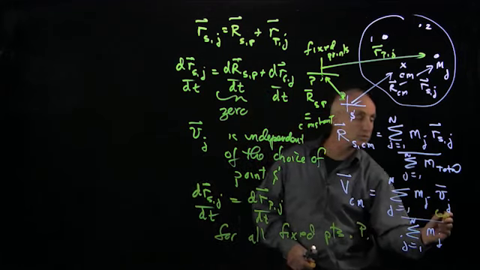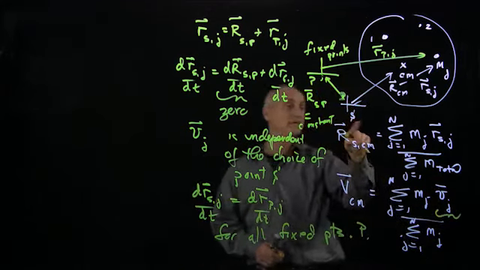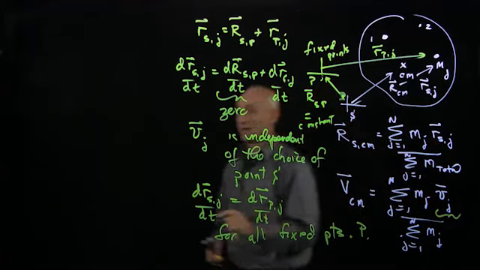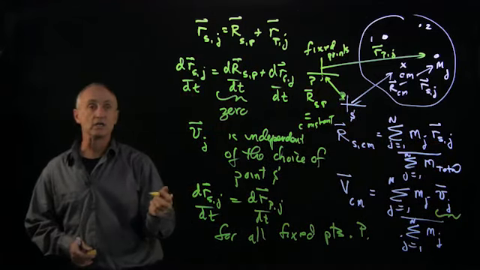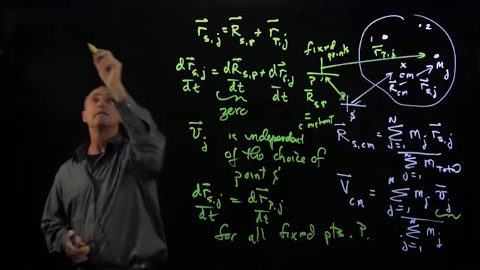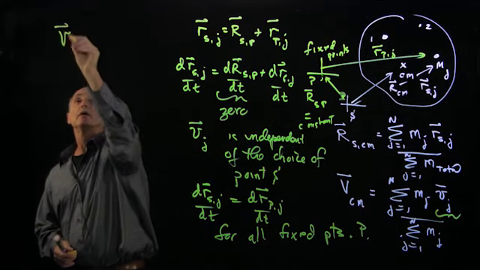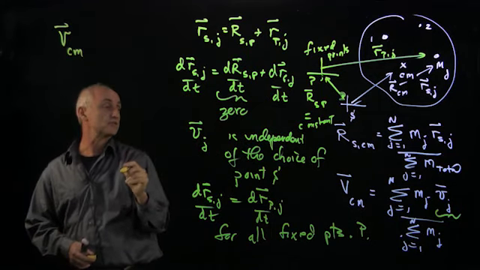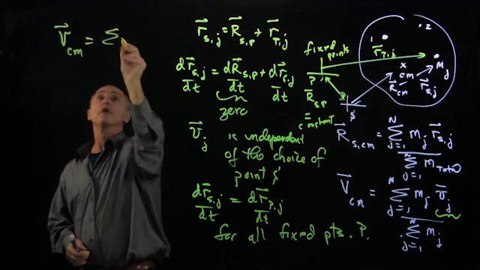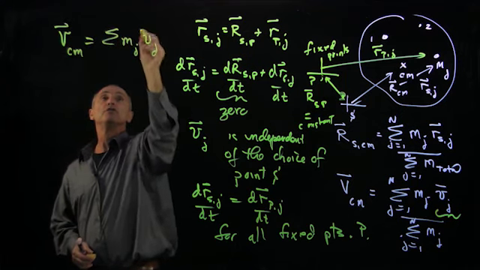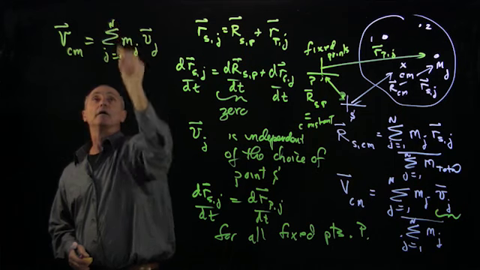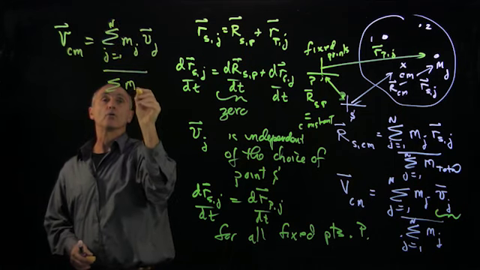And that's why in this expression, when we differentiate, even though we had an index s, we drop that. And so our conclusion is that the velocity of the center of mass of this system is equal to the sum of m_j v_j, j goes from 1 to n, divided by the total mass.